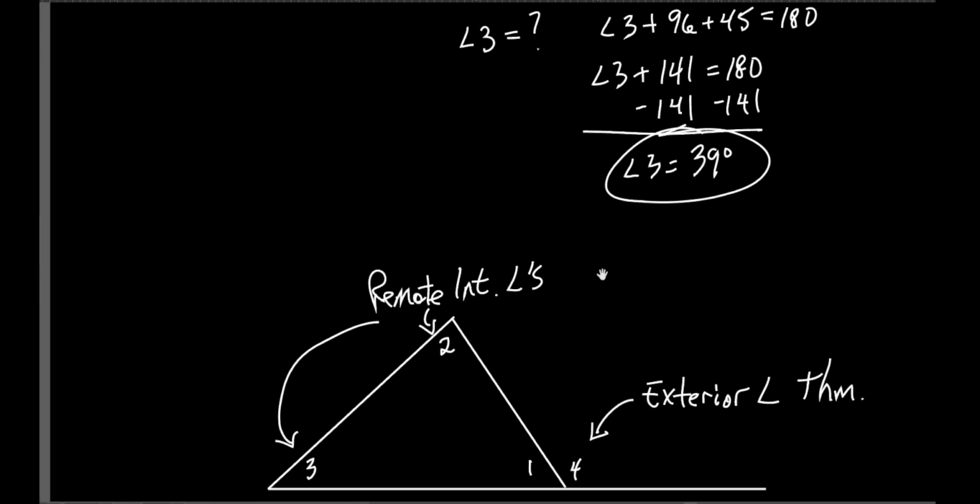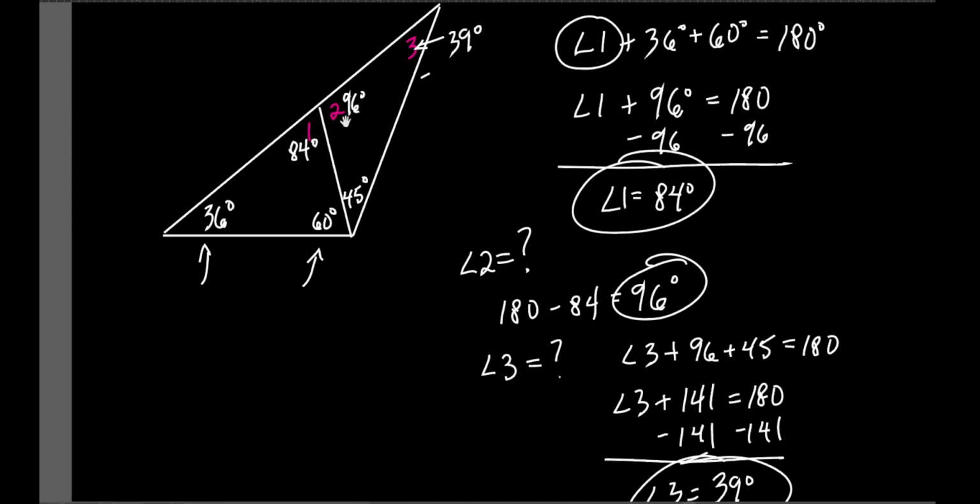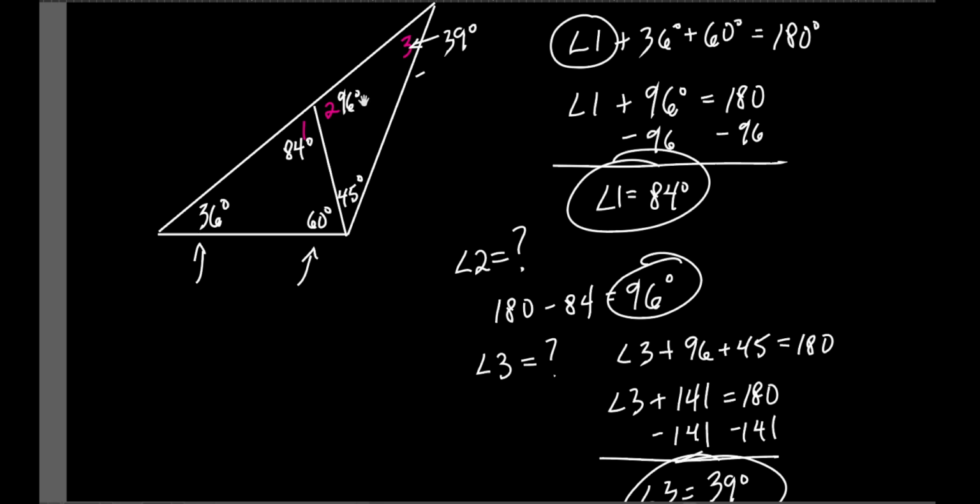Let's go back to that problem that we were doing before. Look at angle 2. Do you see angle 2? It would be like this little triangle down here, and you extended one of the sides. So 96, even though it's inside of this triangle, is it inside this little triangle right here, though? No. So this is an exterior angle, isn't it? It's exterior to this triangle.